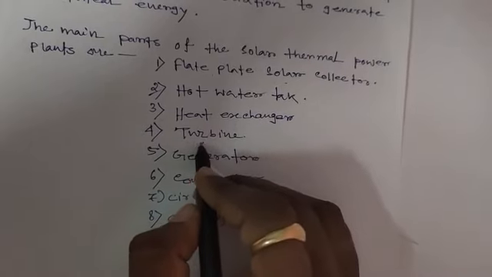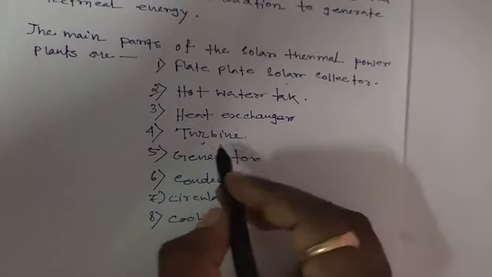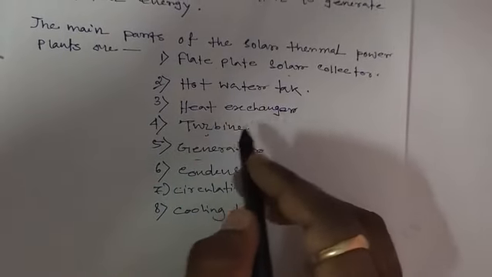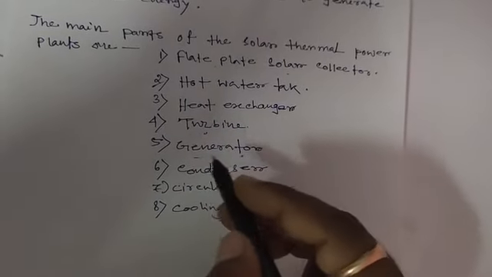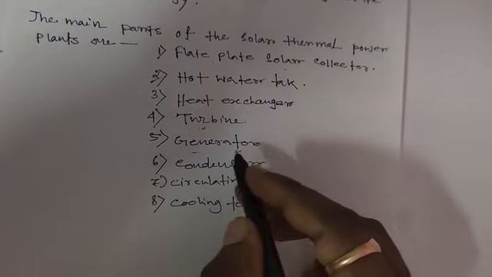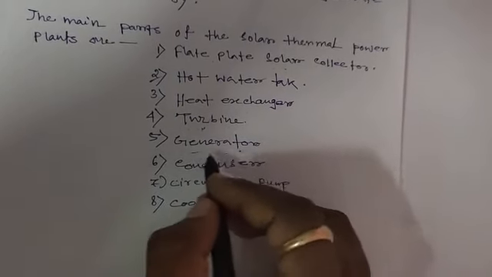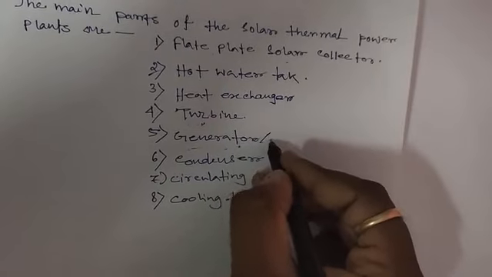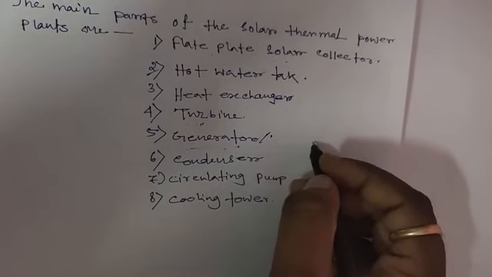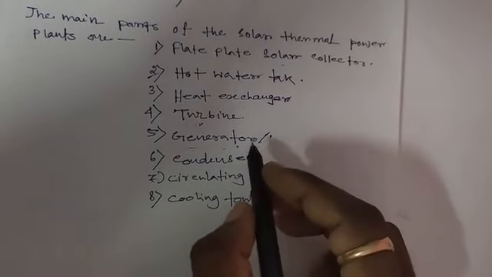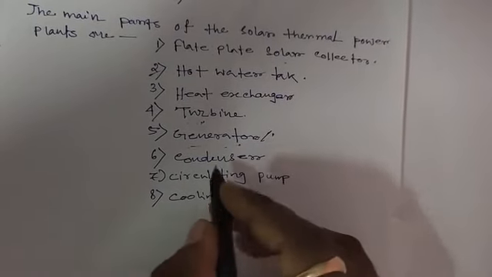Then we use the turbine, and the turbine is connected to the generator. We have already discussed this in the power station lecture. This turbine is the same, and the generator is also the same. This generator is also called a synchronous generator, AC generator, or alternator. This generator is used for the solar thermal power plant.